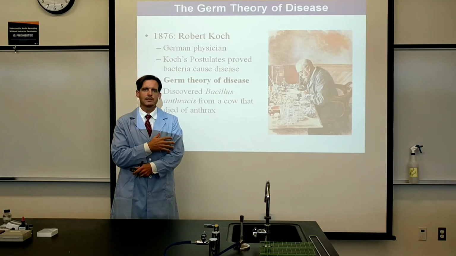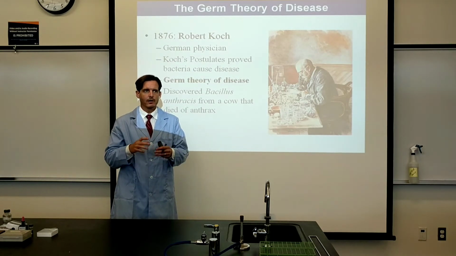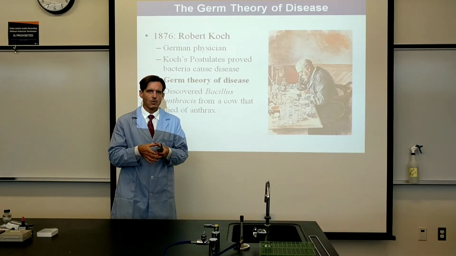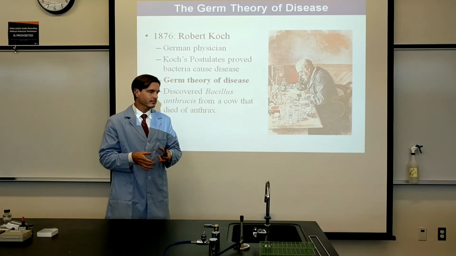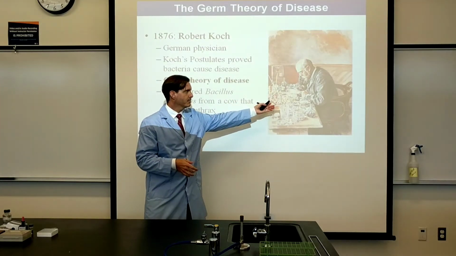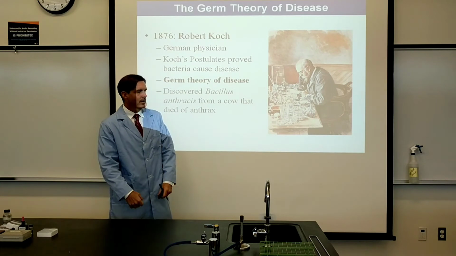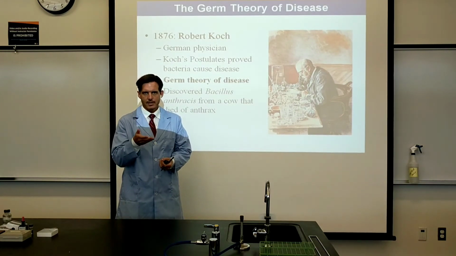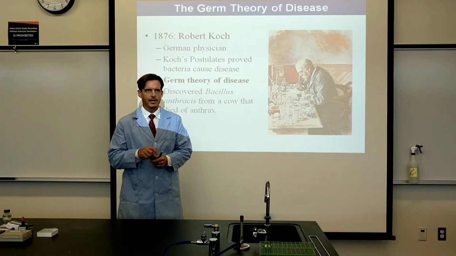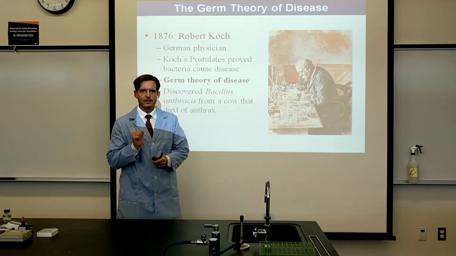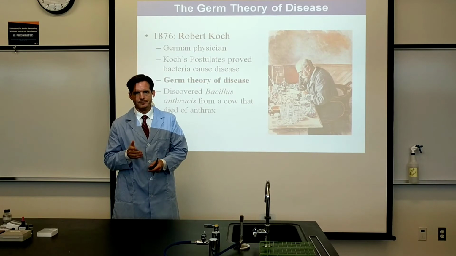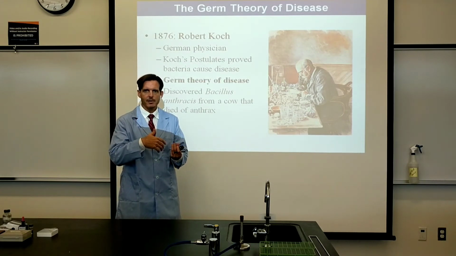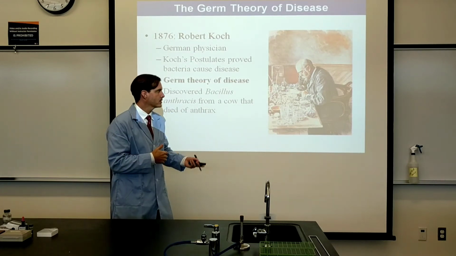Cows form these lesions on their hides, the big sores on the cows, which were being studied by Robert Koch, who basically took a clinical sample, scraped it, and spread it onto a Petri plate, and then he grew the bacteria. He'd isolated the bacteria that were causing the deadly infection.